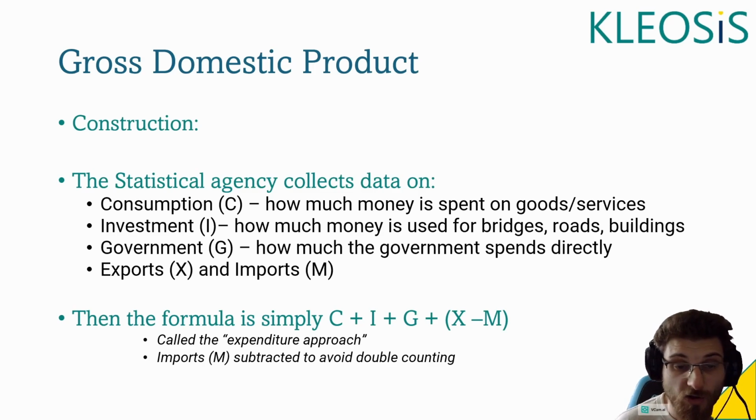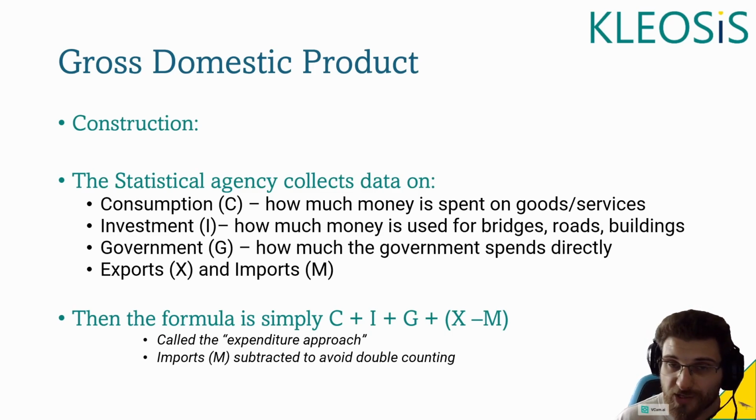They're going to collect data on investment, how much money is used for bridges, roads, buildings. They're going to collect data on what the government spends. Now this is government spending in terms of consumption and investment. This is not government spending in terms of, say, unemployment benefits or pensions. It's just what they spend on consumption and just what they spend on investment. And then they're also going to collect data on exports and imports.